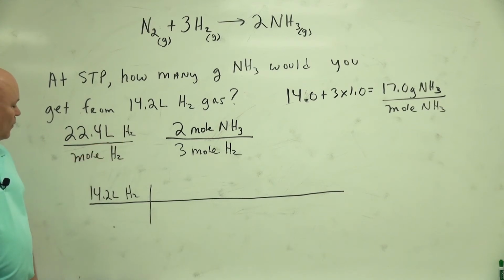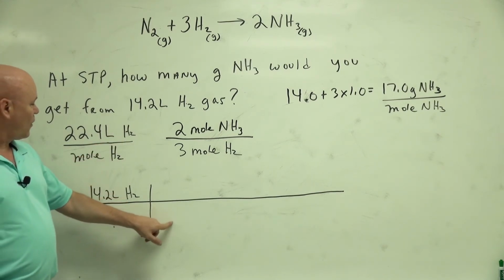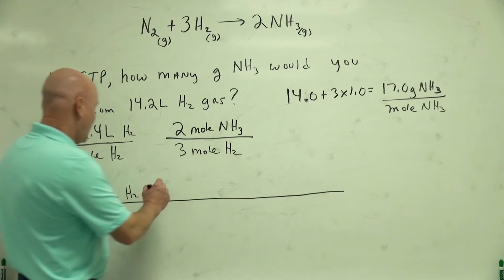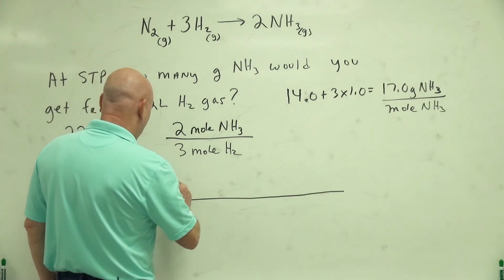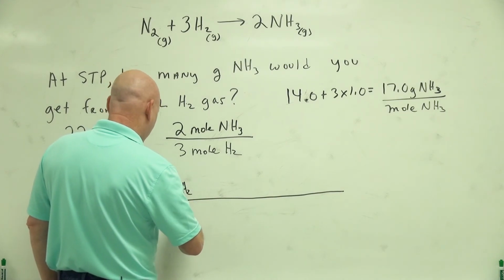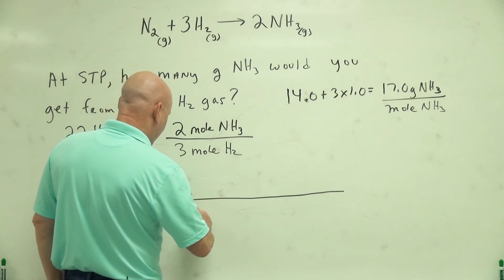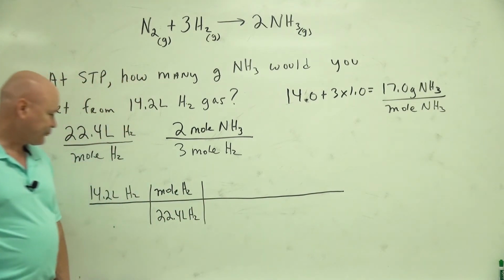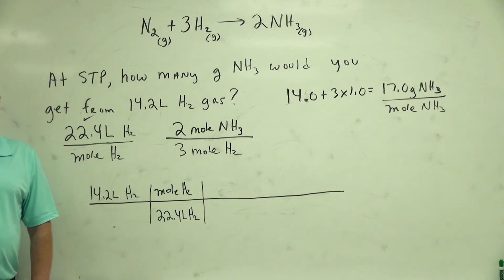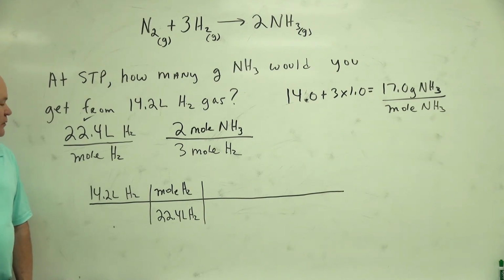Since I need the liters H2 on the bottom, I'm going to flip my STP relationship. And so we're going to say a mole of H2 is 22.4 liters H2. And we'll put a check mark over it just to make sure I don't accidentally reuse my conversion factor.